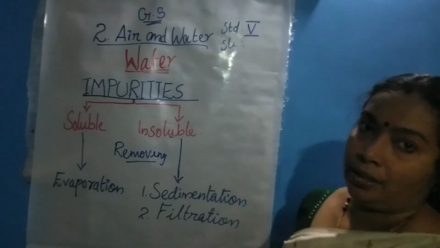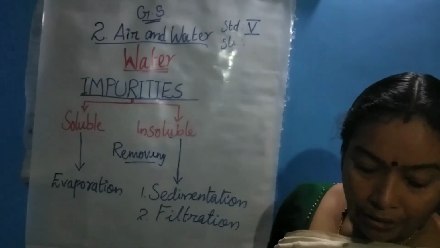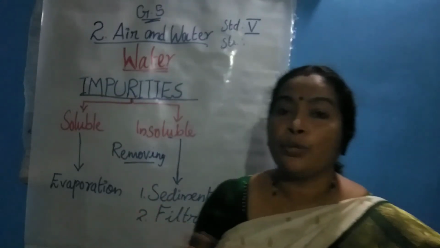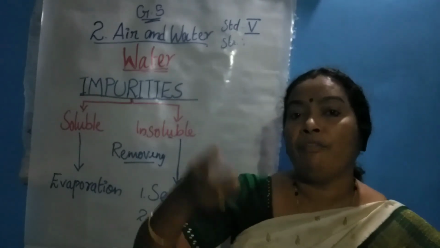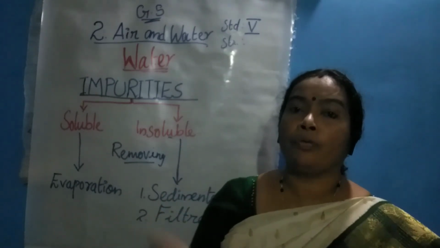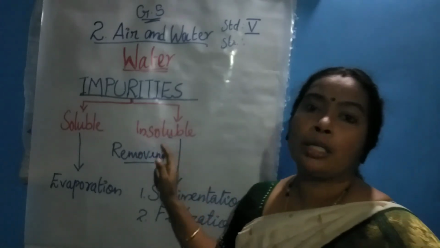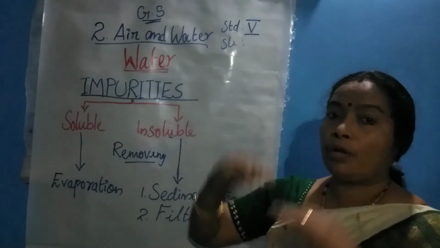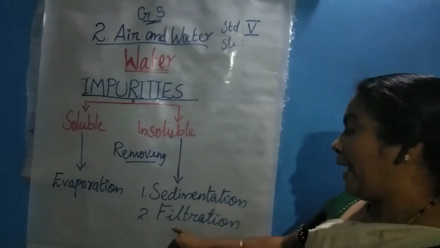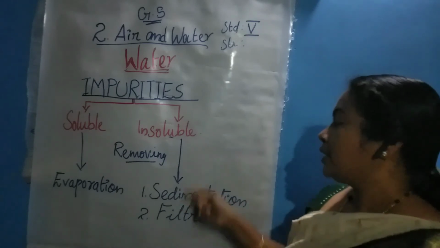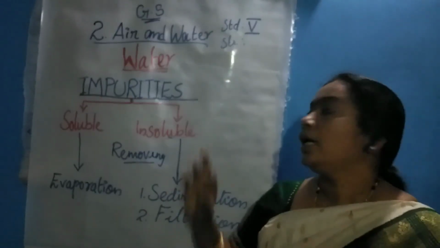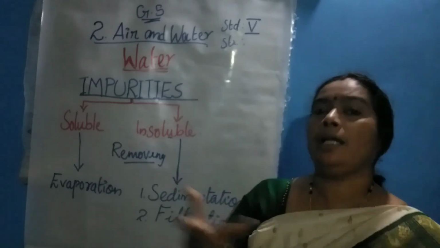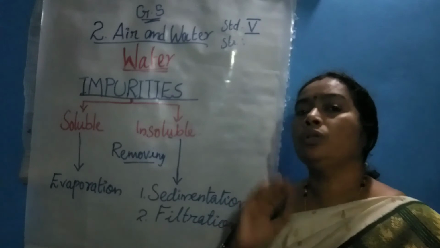So this method, using the strainer to remove the insoluble lighter impurities from the water, is called filtration. In sedimentation and filtration, we are using the weight difference of the insoluble impurities. In filtration, the lighter impurities which are floating above the water level can be removed, and in sedimentation, the insoluble impurities which have greater weight settle down in the water.